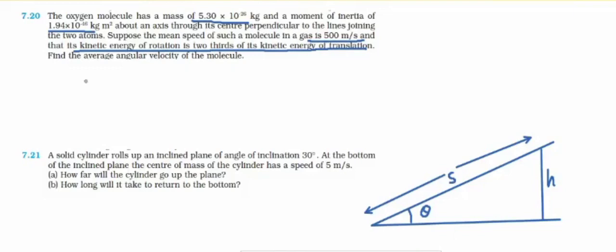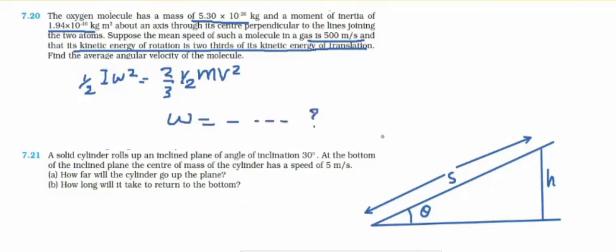Kinetic energy of rotation, half I omega square, is 2/3 of kinetic energy of translation, half mv square. Now you substitute the given values and find the value of omega. That's it.